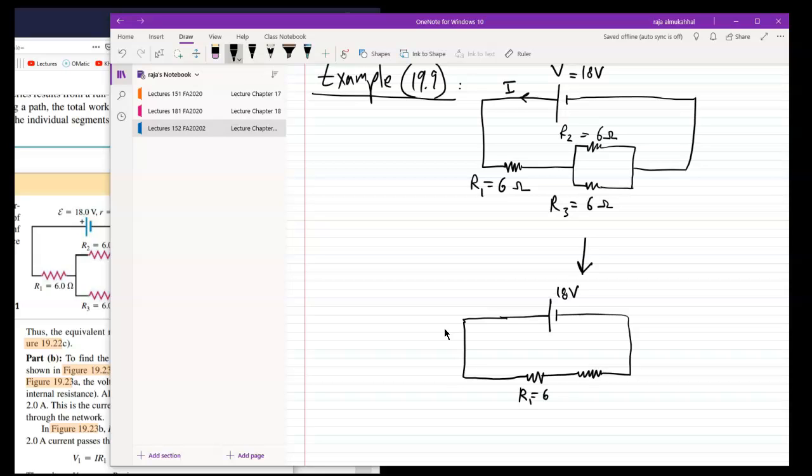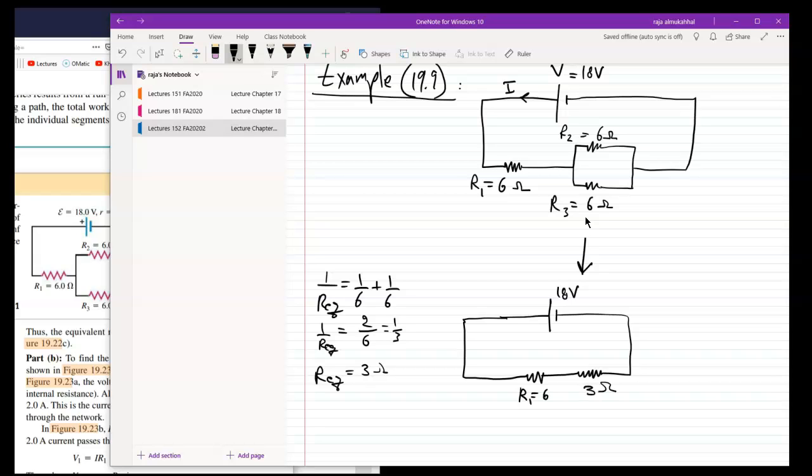Now I'm asking the question, what is the equivalent resistance here? Since this is 6 ohm and this is 6 ohm, 1 over R equivalent is 1 over 6 plus 1 over 6. You see what I'm saying? When I add them together, it's going to be 2 over 6, and that's 1/3, right? 1 over R EQ. So therefore R EQ for this one is 3 ohm.